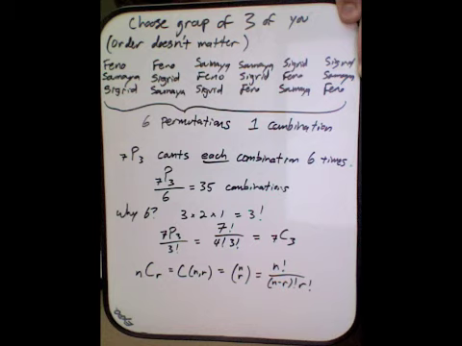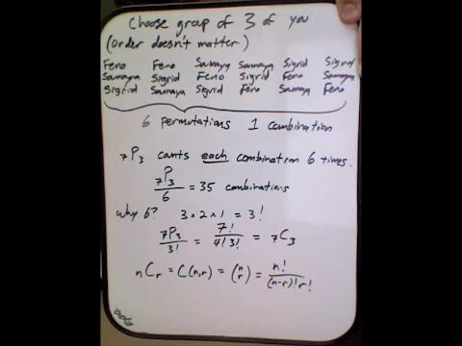There are 6 different permutations that correspond to the same single combination of those 3 students, right? In any of those 6 possibilities, we have those 3 of you and we don't have the other 4. So they're all equivalent if the order doesn't matter. So if we wanted to count up how many groups of 3 we could form out of the 7 students in this class, 7p3 wouldn't quite do it because it would overcount.